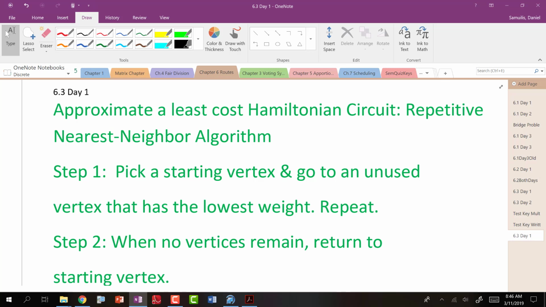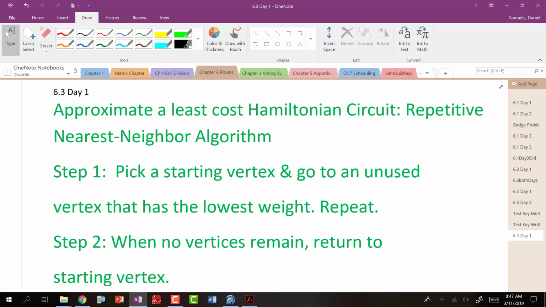So what we want to find is, if the UPS driver has to start at A and end at A, and all those other things represent houses, what is the shortest distance to get from A, hit all the vertices, all the houses, and come back to A? Shorter distance means less gas money, means less time, usually, depending on the paths and the kind of roads that they are. So here's one way we could do this.